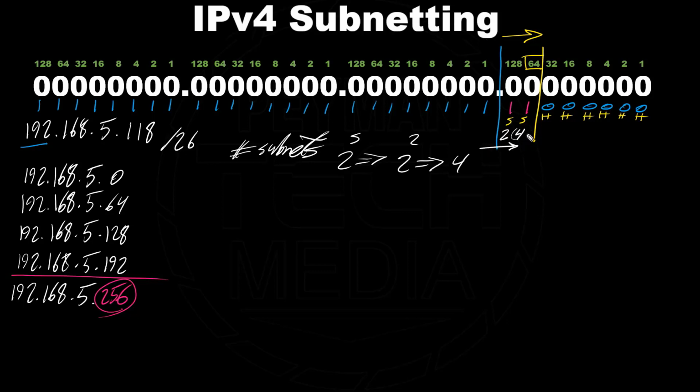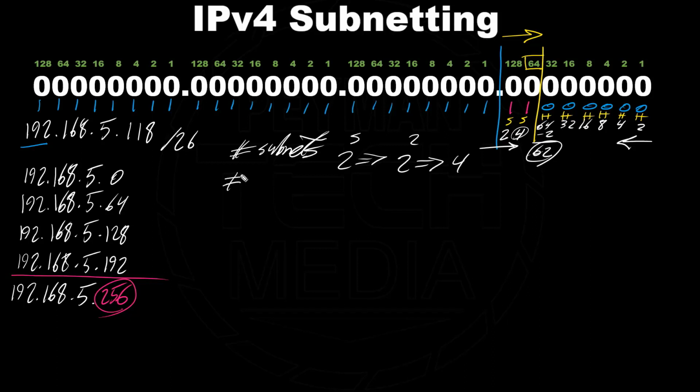That's how many subnets we can have. And for the number of hosts, we count right to left, starting with 2, 4, 8, 16, 32, 64, minus 2, 62. So we will have 62 available IP addresses per subnet. We will have 4 subnets, each with 62 available IP addresses.